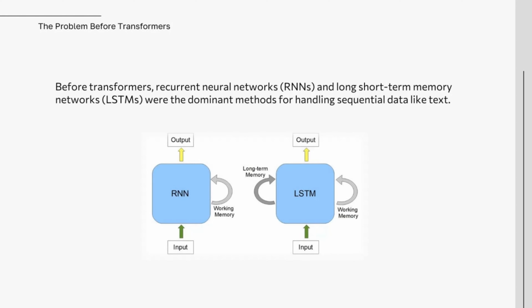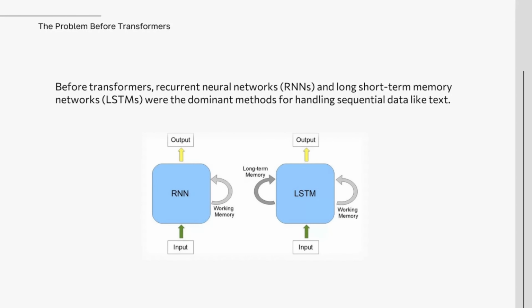Imagine trying to follow a conversation where you only remember the last sentence said. This is how RNNs process information, relying heavily on what just came before. While this method worked for shorter, simpler sequences, it faced significant challenges when dealing with more complex or lengthy data.